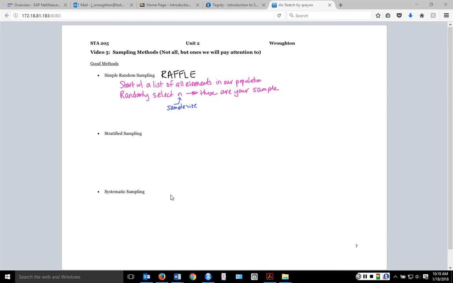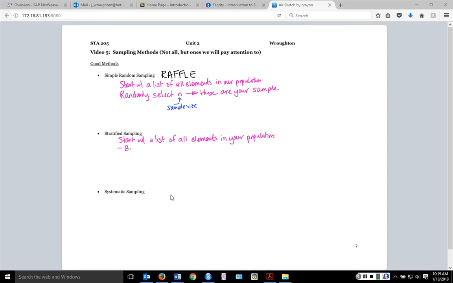Stratified sampling is a very small extension of it. It actually starts the exact same way. It does start with a list of all elements in your population. So that's not getting any easier for us here. Then there's a step in between here.